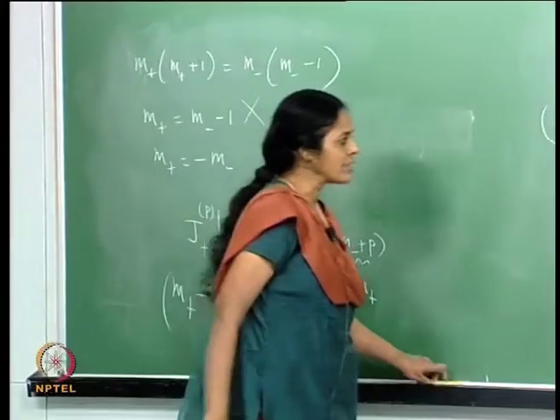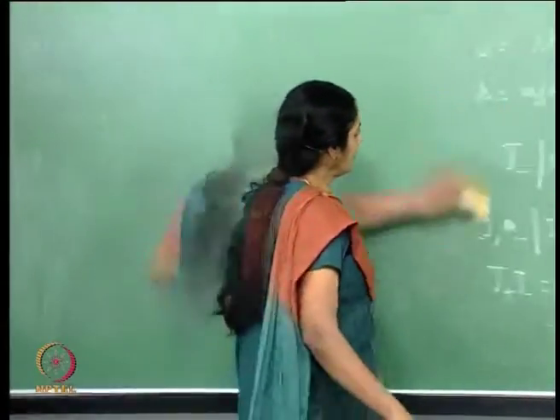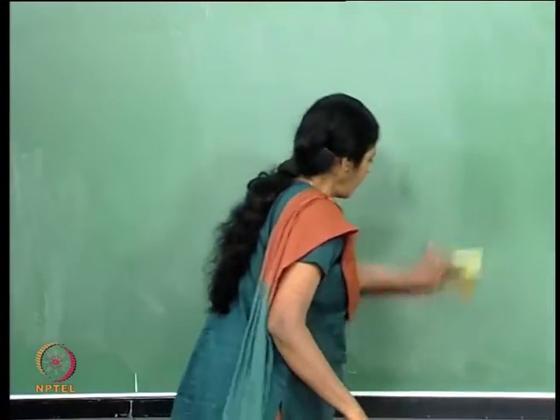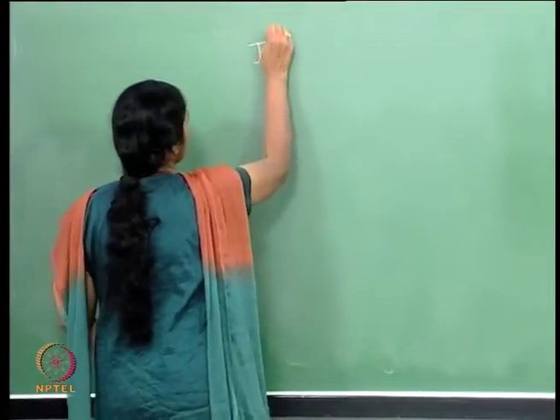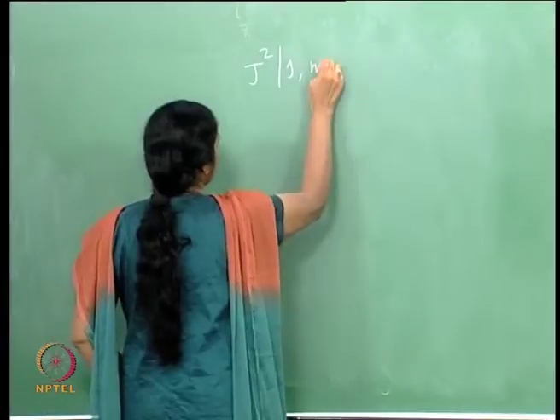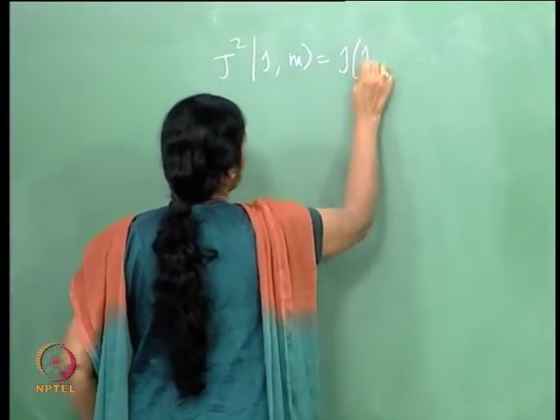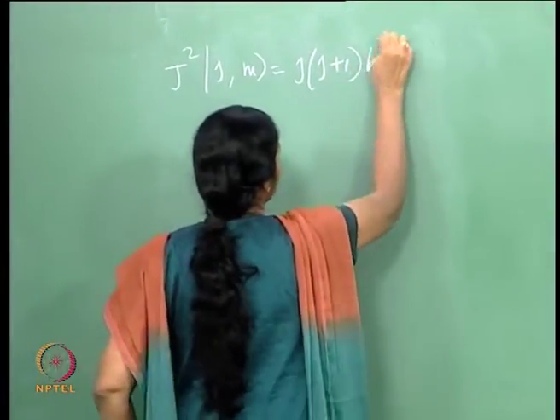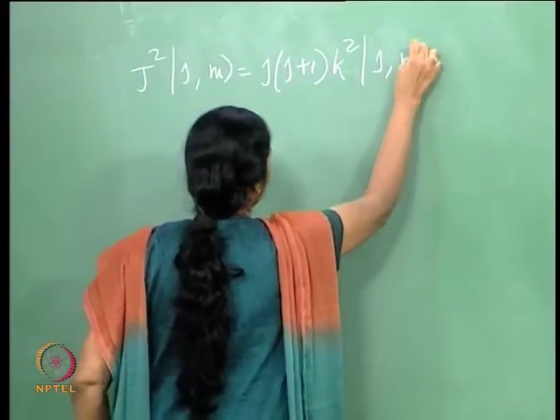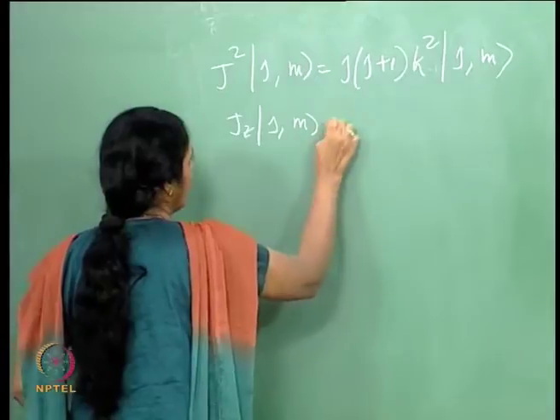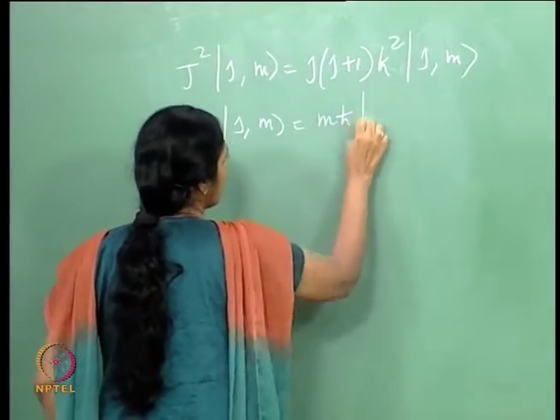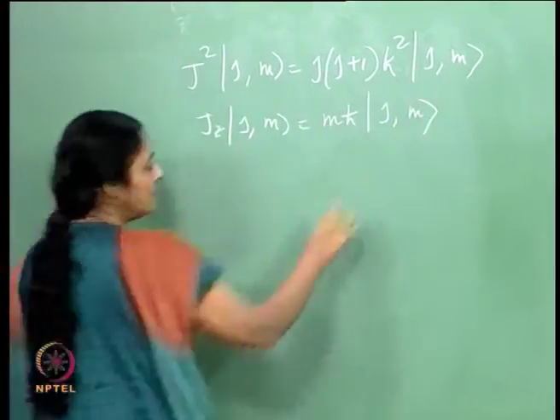So what we have established is the following. Simply on the basis of the SU2 algebra, we have established that j squared acting on jm is j into j plus 1 h cross squared j comma m. Jz acting on jm is m h cross j comma m.